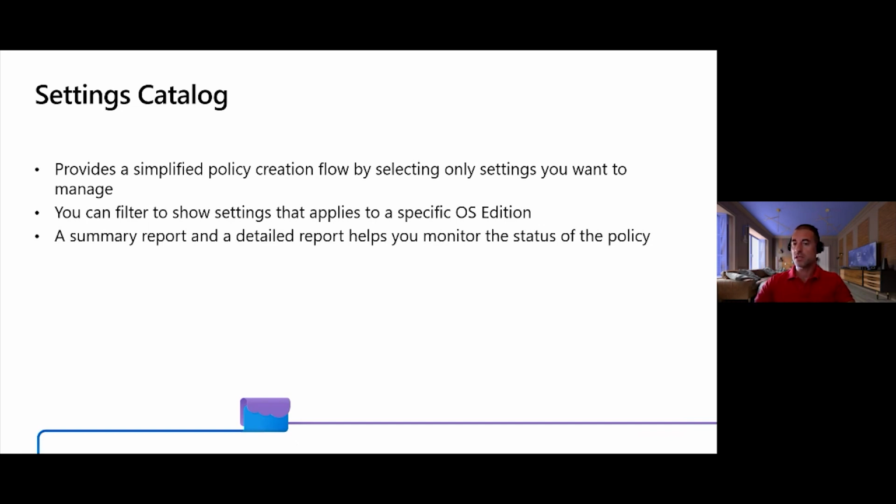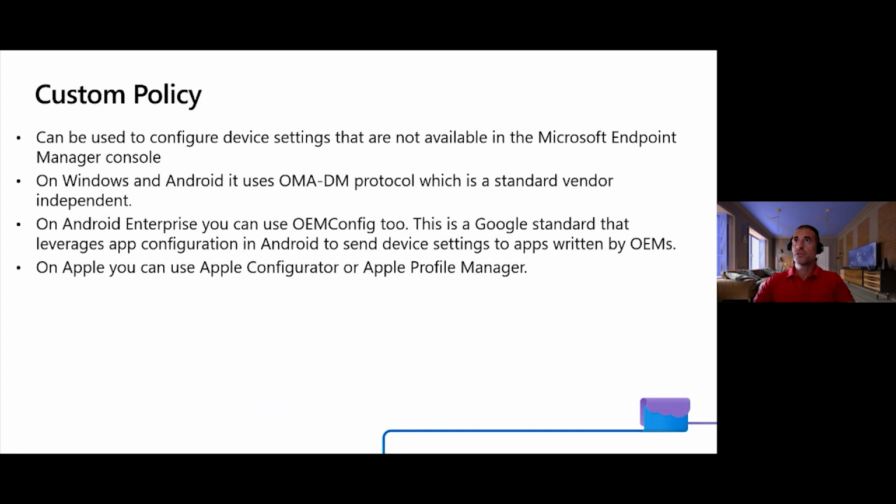So if you go to the report and go to the deployment status, you can filter and export the view to a CSV file. I briefly touched before on custom policy. So Intune or Endpoint Manager includes many built-in settings that control different features on a device. But not all settings that you can configure on a device are available in the Microsoft Endpoint Manager UI.